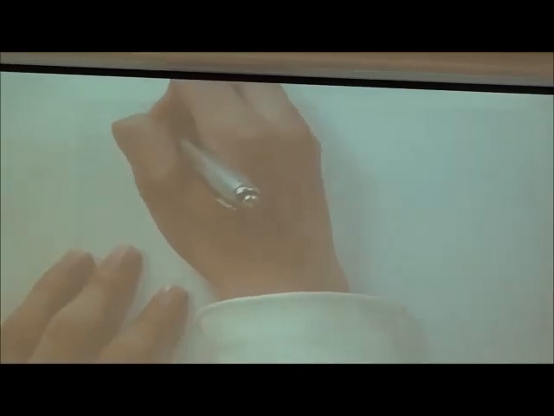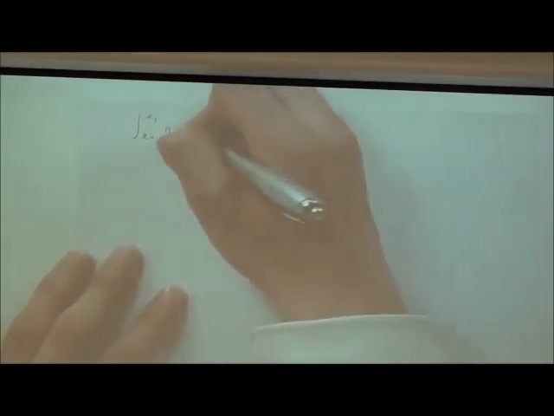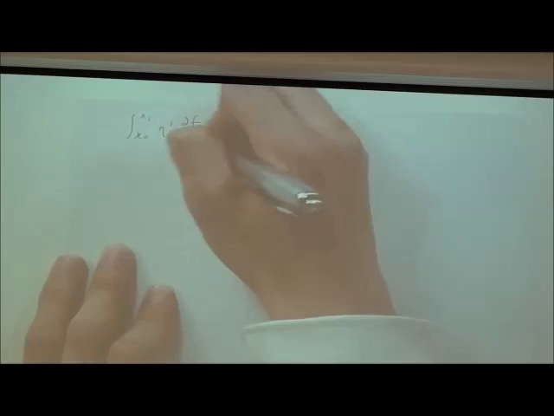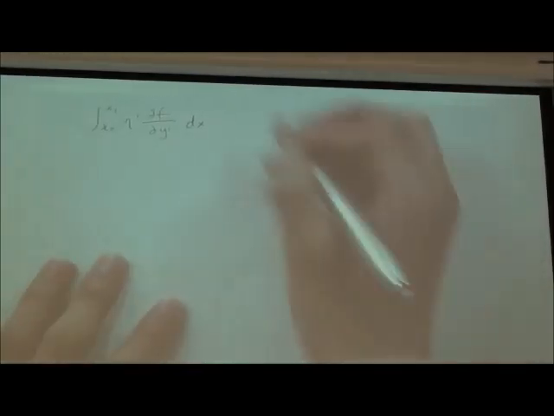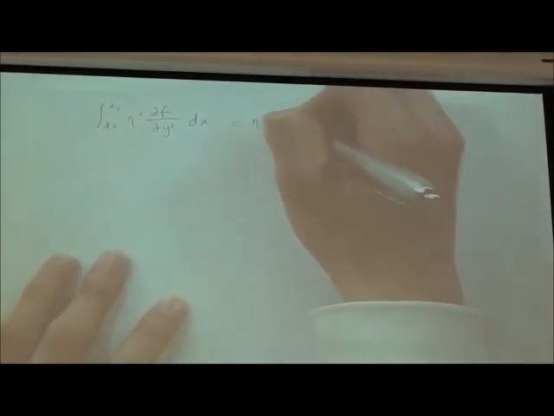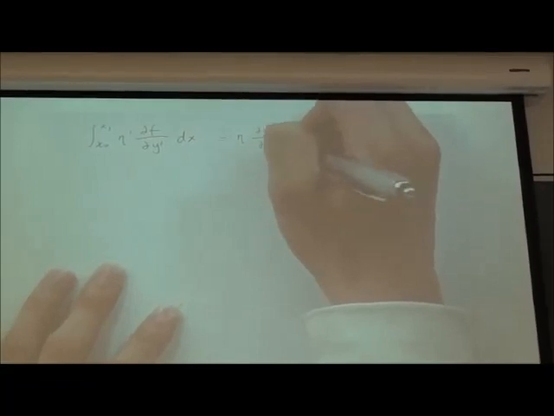So if we do that, the eta prime term is the integral of eta prime partial f over partial y dash dx, as you can see over on the right here. And this is going to evaluate by taking v dash equals eta dash and taking u being this partial derivative here.